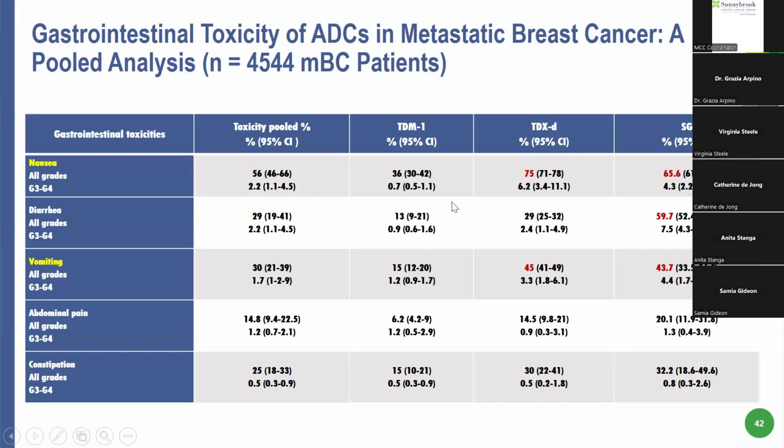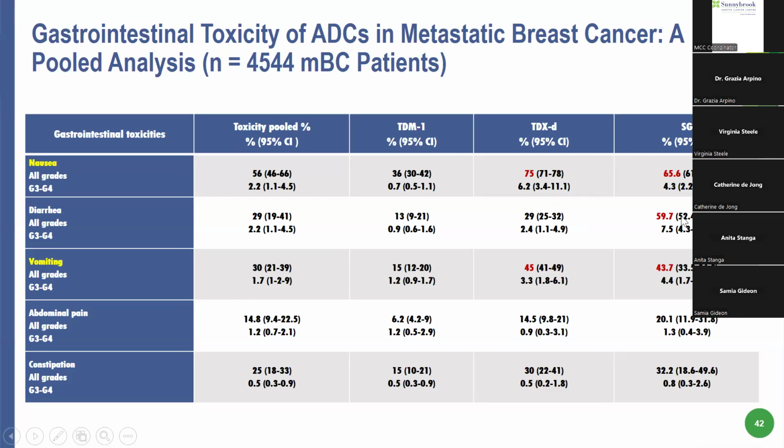And these are the 3 drugs we have experience with in breast cancer: TDM1, TDXd, and sacituzumab. Gastrointestinal side effects are very common and much higher than with TDM1 in the latest 2 antibodies.